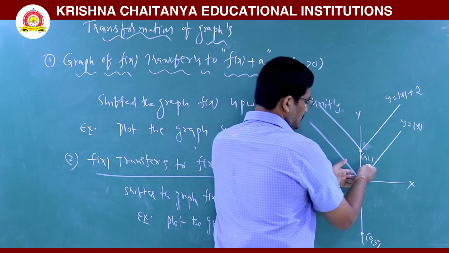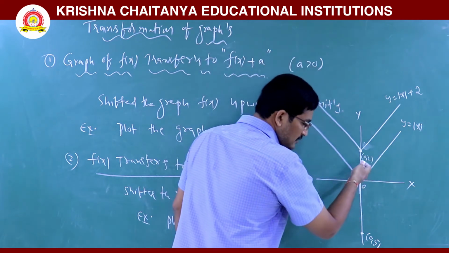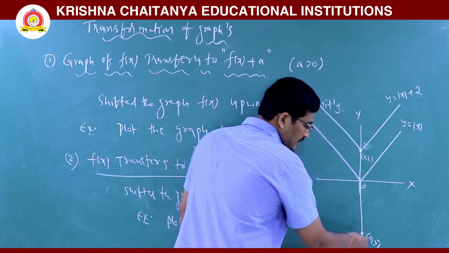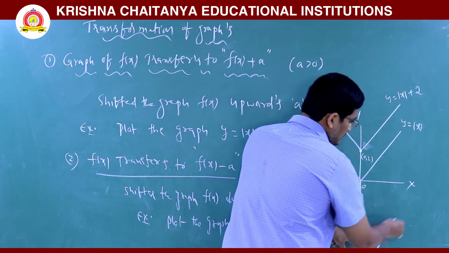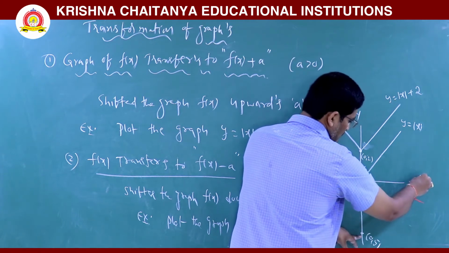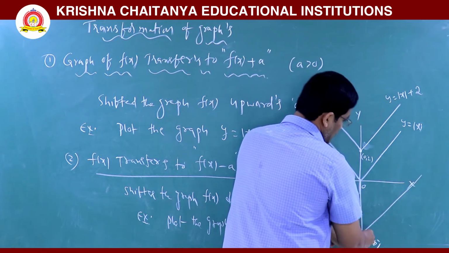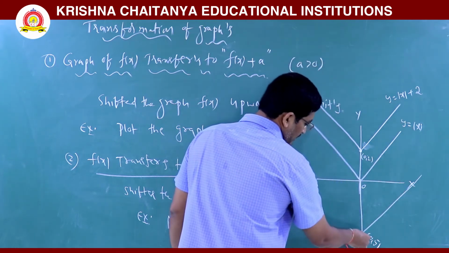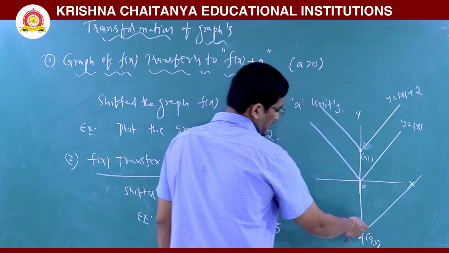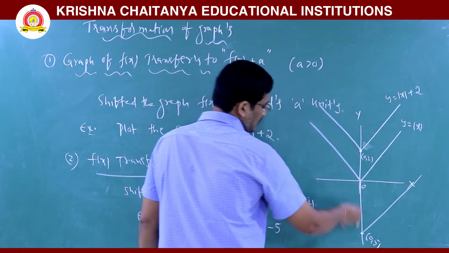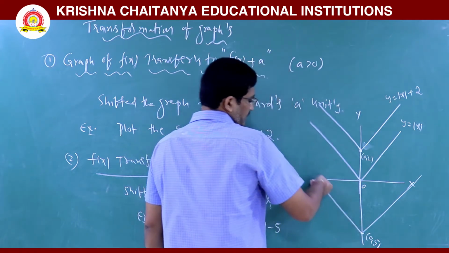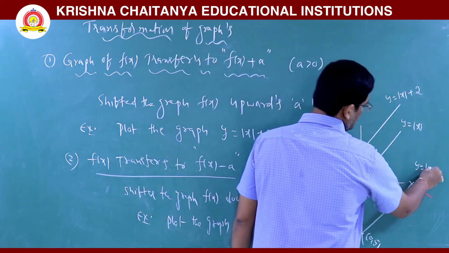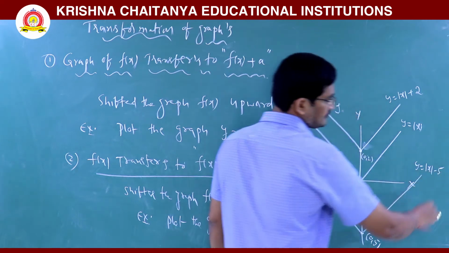Suppose this one is shifted downwards by a distance of 5 units, then this point comes to here. Okay, according to this point, we have to draw a line which is parallel to this line. Then we have to draw one more line passing through this point which is parallel to this one. Okay, this is the graph y equals mod x minus 5.